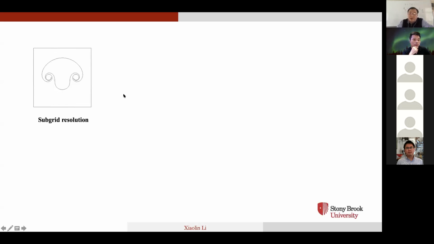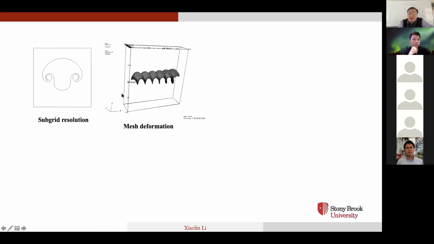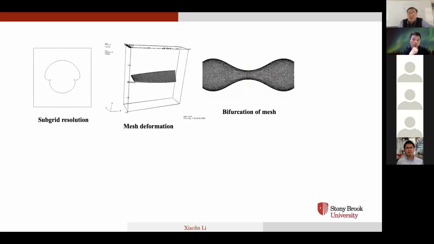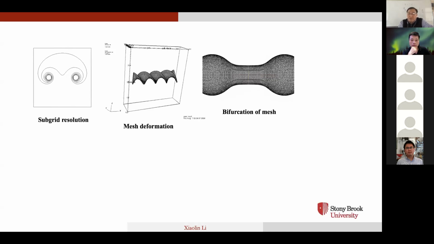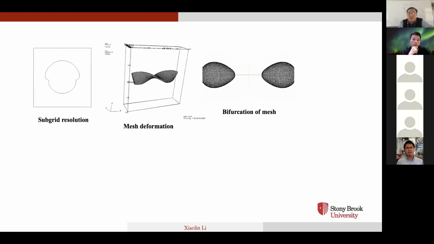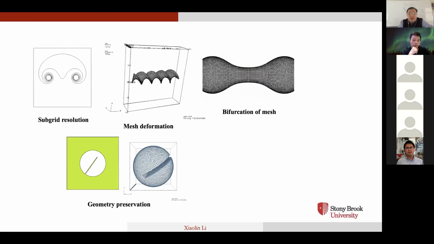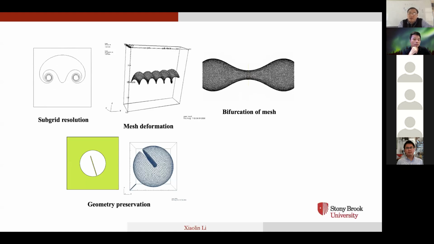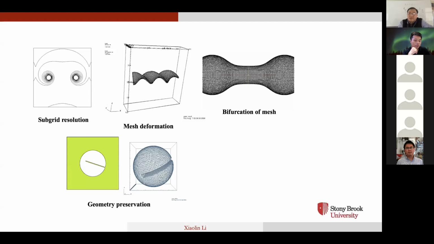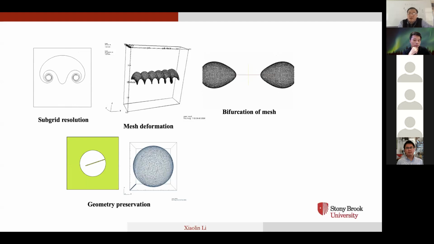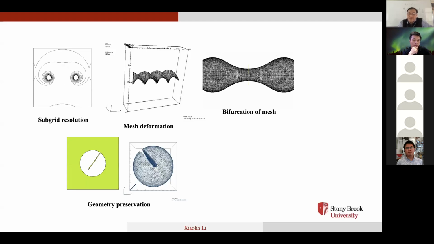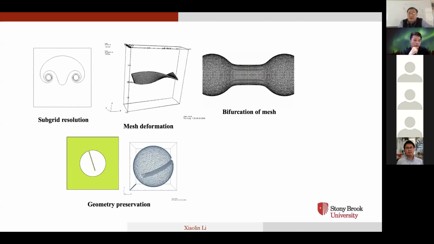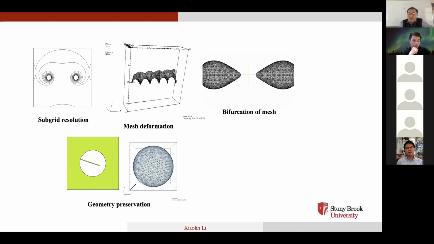First, front tracking method can give very good subgrid resolution, and we made it quite robust for mesh deformation, and also bifurcation, in particular, three-dimensional bifurcation. One of the benchmark problems that we sometimes compare with the level set method is that front tracking method, as a Lagrangian method, can maintain the geometry in high quality.